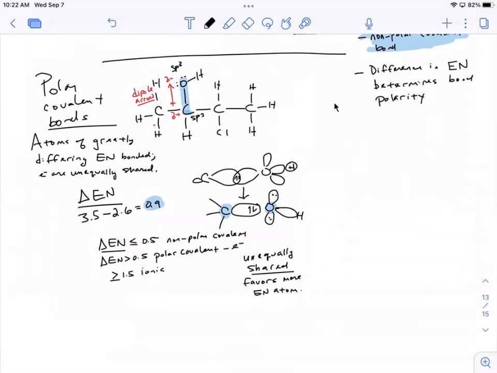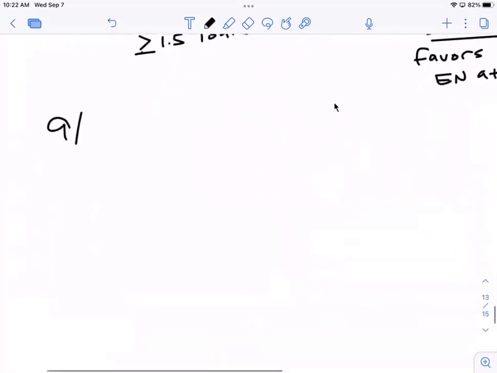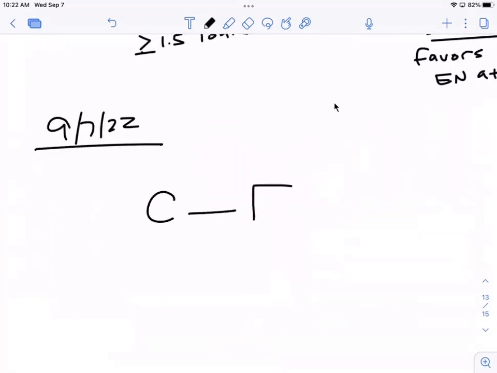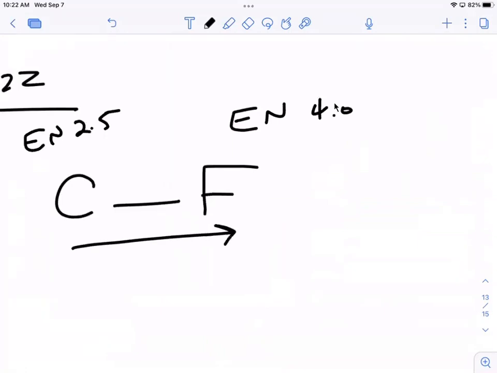So if you have a bond, let's say between carbon and fluorine, remember fluorine has an electronegativity of 4.0, carbon we're going to say 2.5. The electrons in the bond are always going to favor the more electronegative atom.